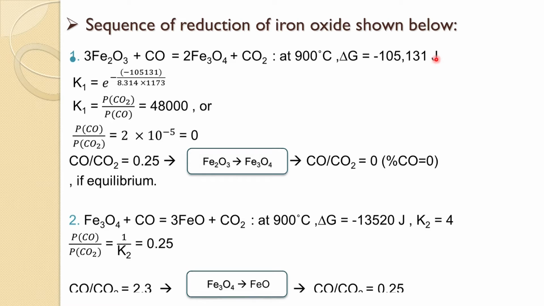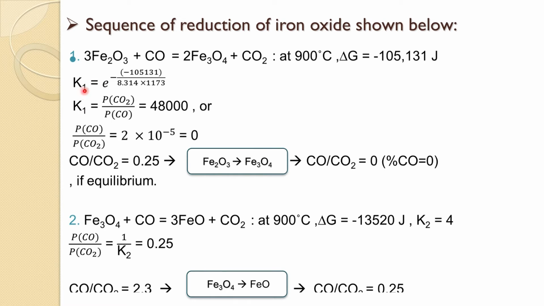You are already aware about this delta G, we can put it as minus RT log K, where K is the equilibrium constant for this reaction, and this sort of calculation we have done before.